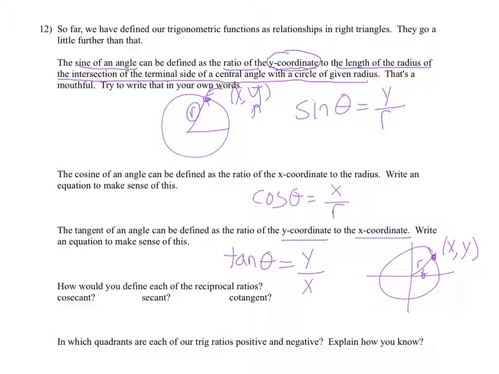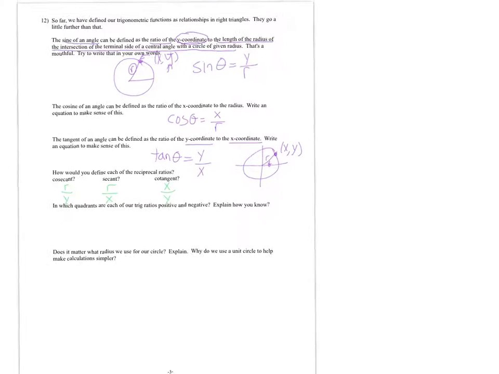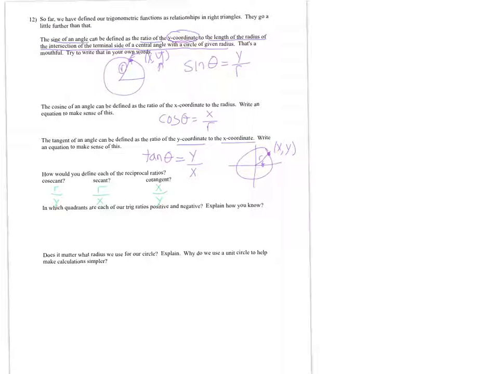For cosecant, well, if sine is y over r, cosecant is r over y. For secant, if cosine is x over r, secant is r over x. And cotangent, if tangent is y over x, cotangent is x over y. Where are things positive?